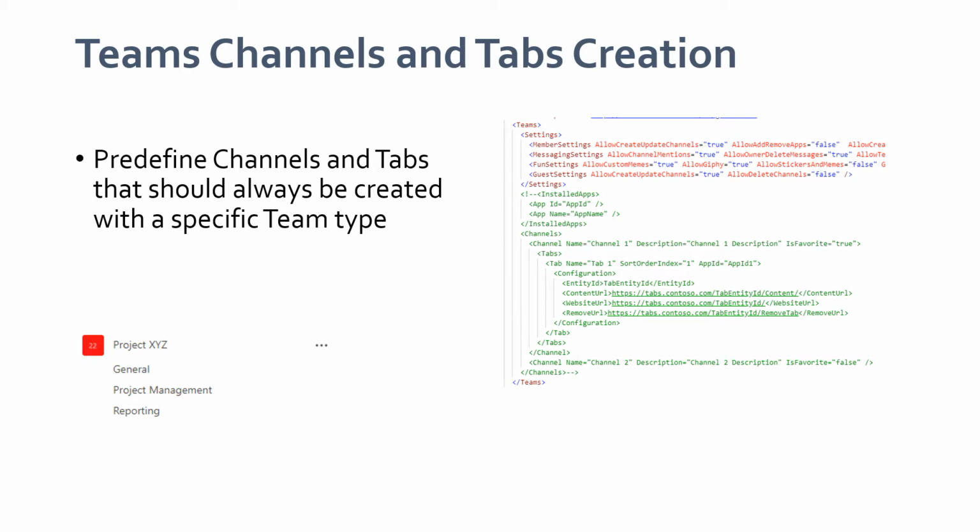And in addition to defining channels, you can also define tabs for your channels, so that inside the project management channel, you can have the project issues Excel sheet always available, and so on.